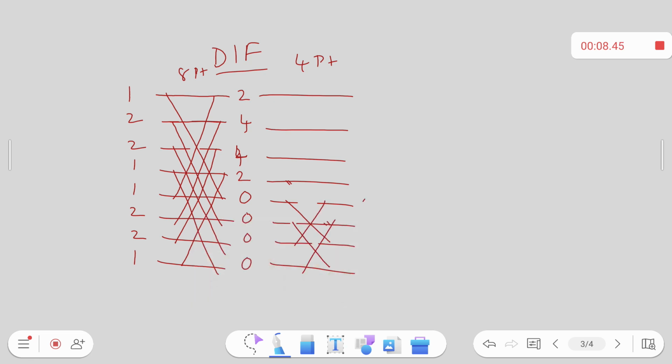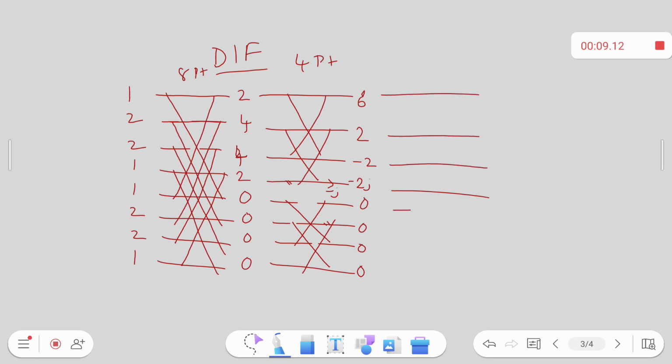So the last 4 values are 0. These values are 6 followed by 2, then this is 4, and then this is 4 minus 2. Now you need to multiply this by minus j, so it will give you minus 2j. And finally you need to calculate 2-point for this.